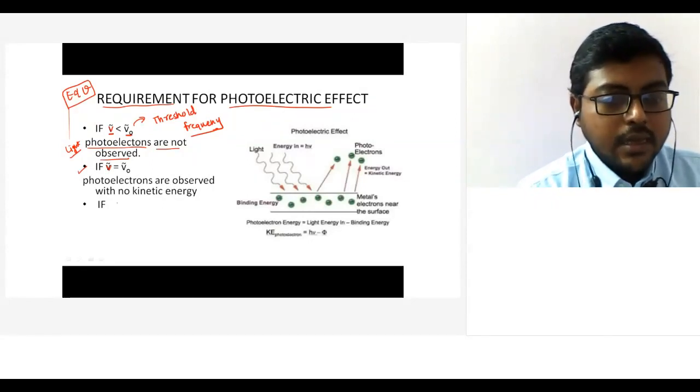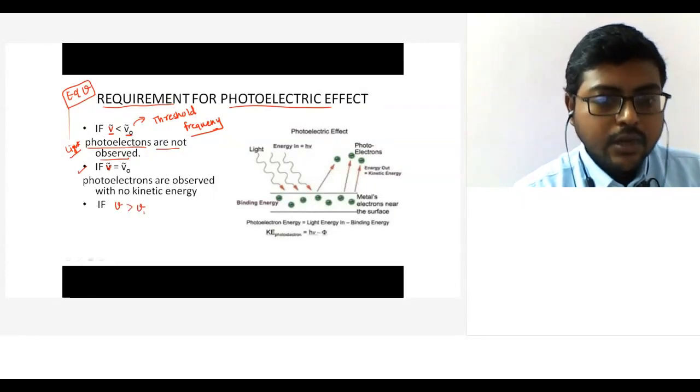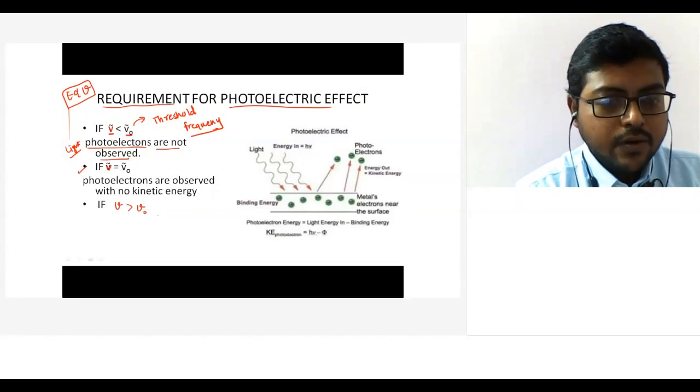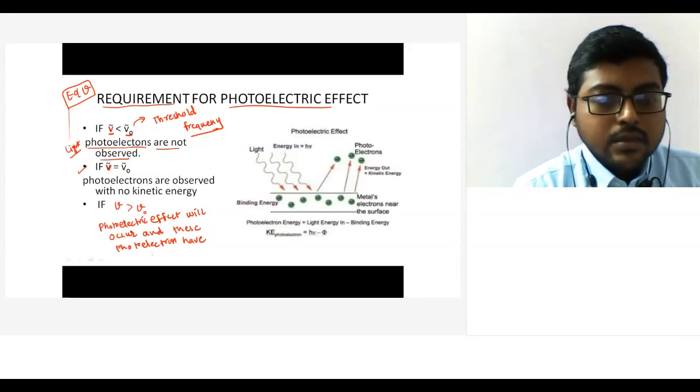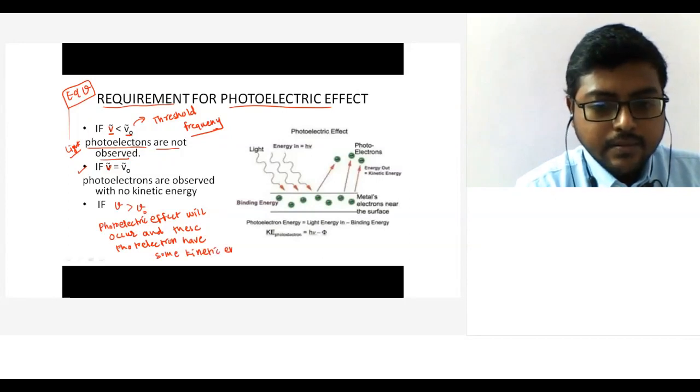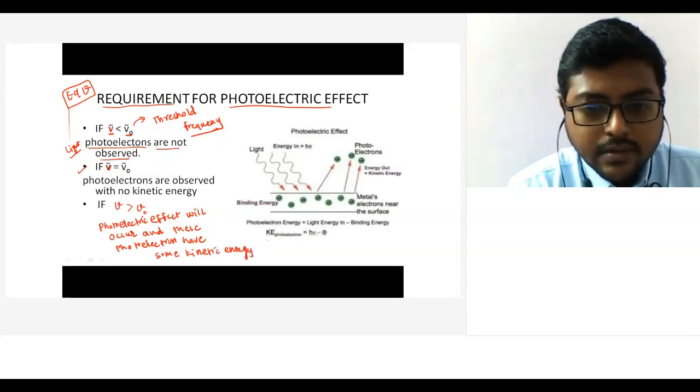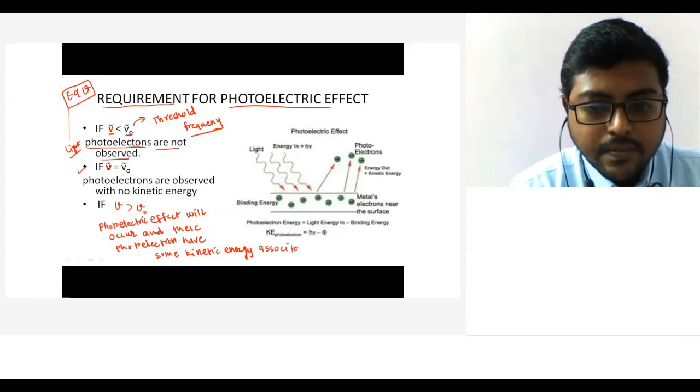And the third case is if nu is greater than nu naught, that is the threshold frequency, then the photoelectric effect will occur, and these photoelectrons have some kinetic energy associated with them.